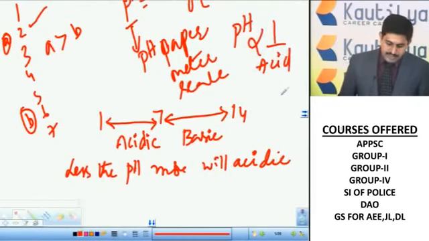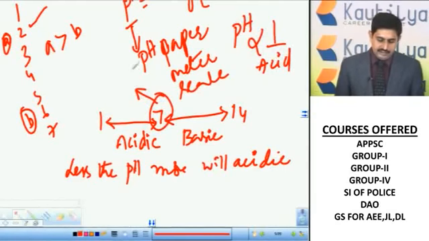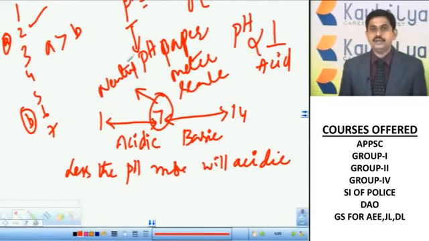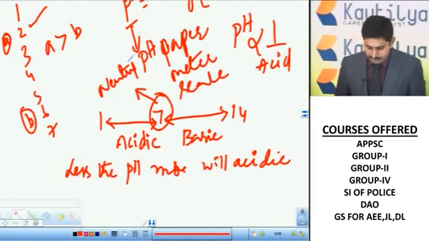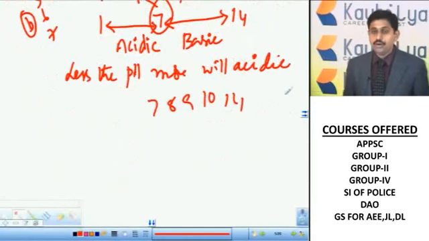Now if the given solution has a pH of exactly 7, then it is considered neutral. If the pH is from 7 to 14, then it is called a basic solution, say 7, 8, 9, 10, 11 and so on. If the pH increases from 7 to 14, then the basic character increases.